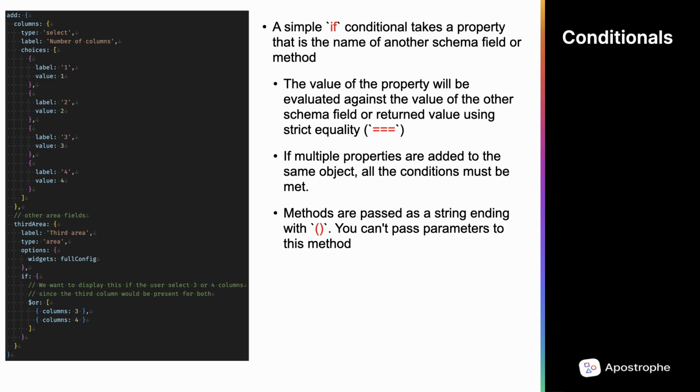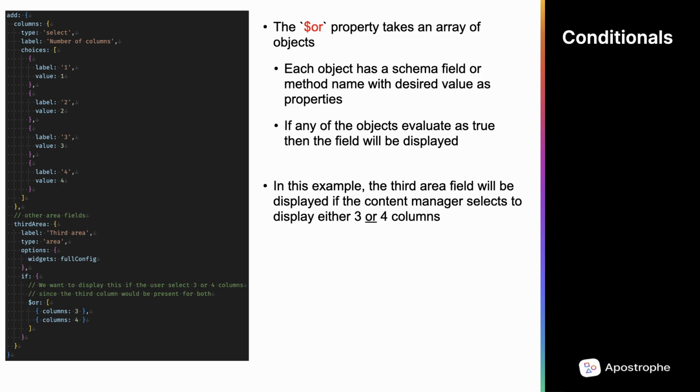That property receives an object that at the simplest contains 1 or more key value properties, where the key is equal to the name of another field in the schema, and the value is the exact or strict equality desired for that field. This can be a string, Boolean, or number, but it must match exactly. If there is more than one property in the object, then all conditions must match in order for the field to be presented.